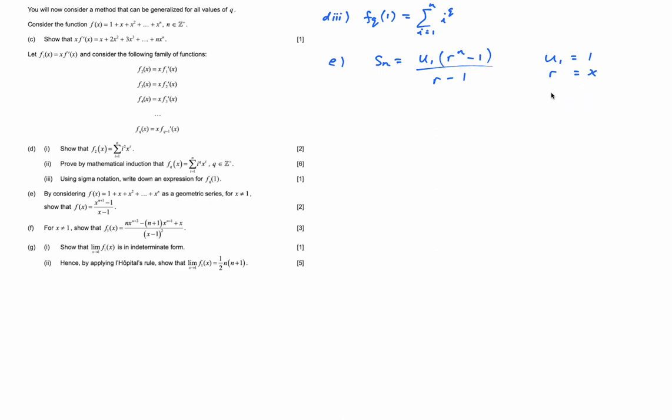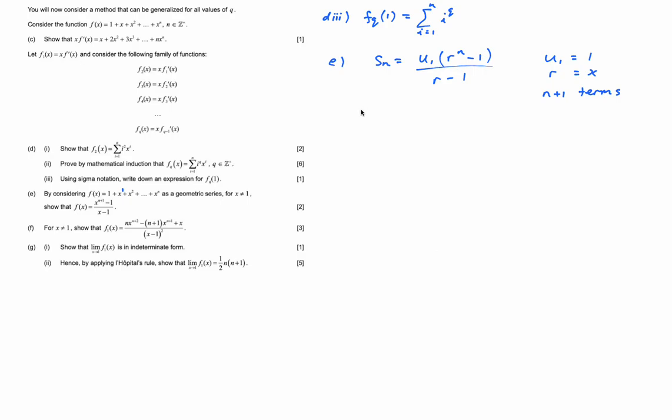Okay, so this is a bit tricky, guys. There's n plus 1 terms because we're going up to x to the n. Now normally the nth term would be u1 times r to the n minus 1, because there's one less power than there are terms, as the first term isn't multiplied by the common ratio. Anyway, if you literally count them, 1, 2, 3, all the way to n, plus another one here, there's n plus 1 terms.